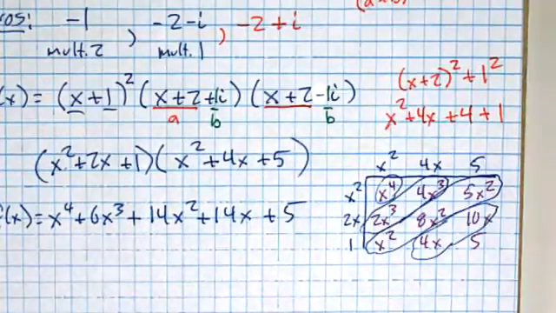I like using the table or the box because those like terms line up along the diagonals, so it's pretty easy to combine them.